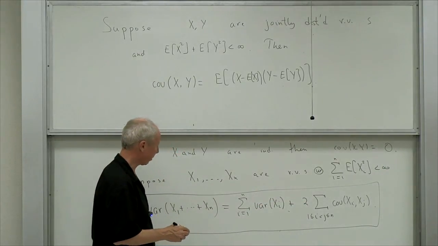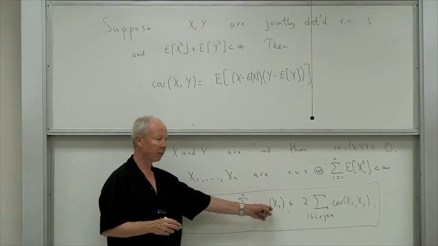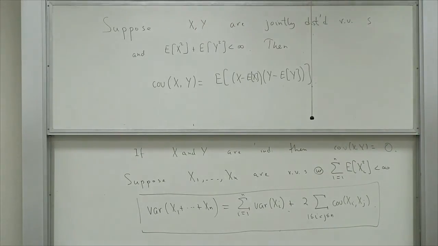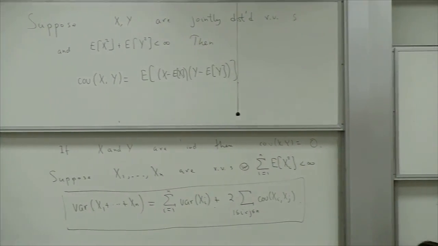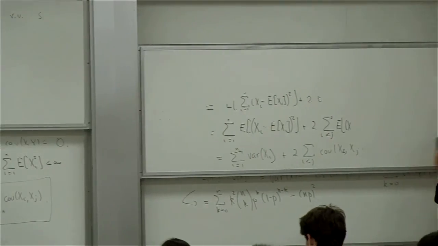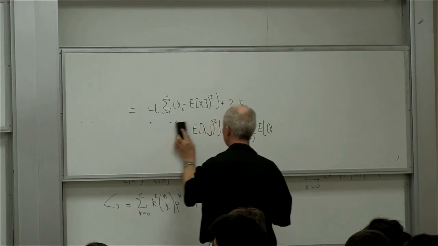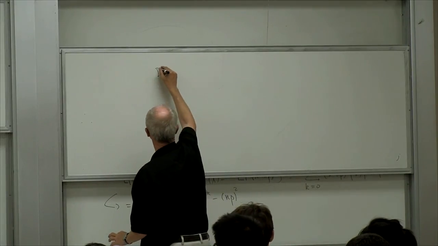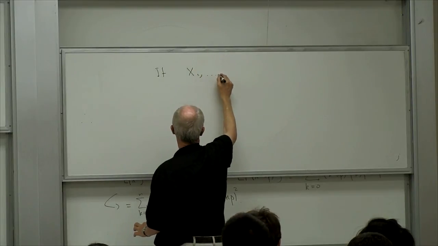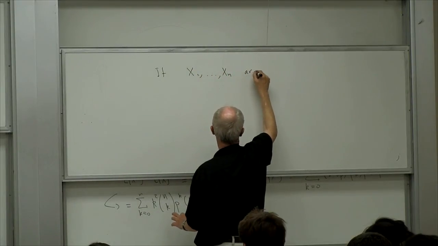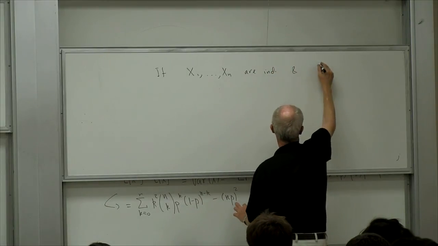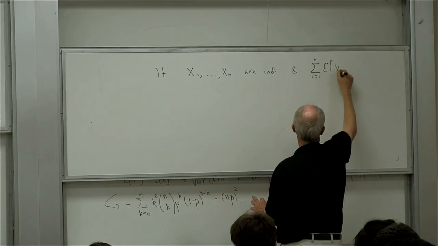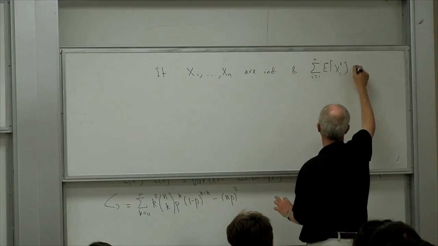So if x_1 through x_n are independent, the variance of the sum is the sum of the variances. We can't take variances if the expected value of x_i squared is infinite.